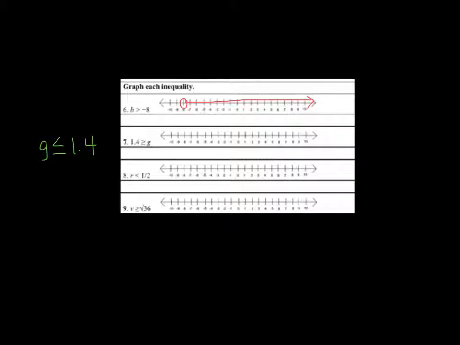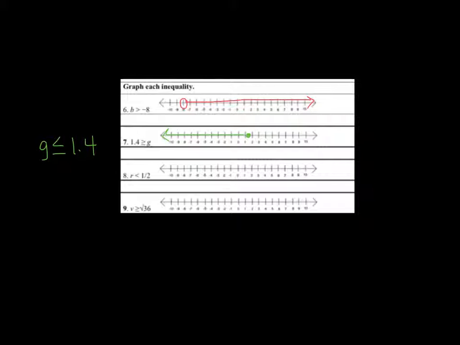So now I'm looking for a number that is less than or equal to 1.4. So 1.4 is a little less than halfway between 1 and 2. I know that on this one it's going to be a closed circle because it was equal to, and then I want all the numbers to the left of that.